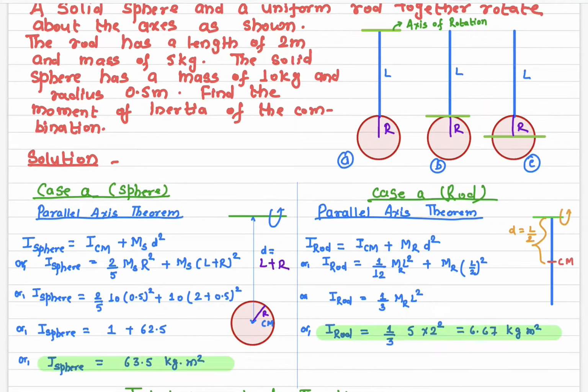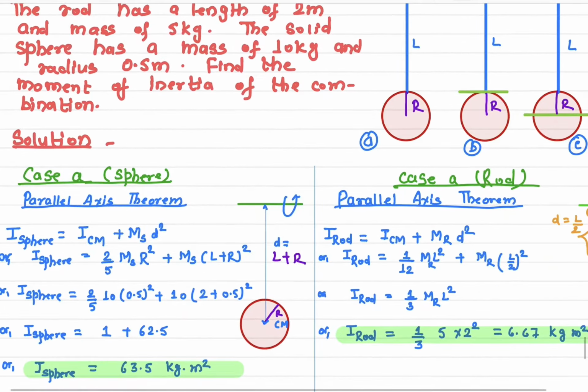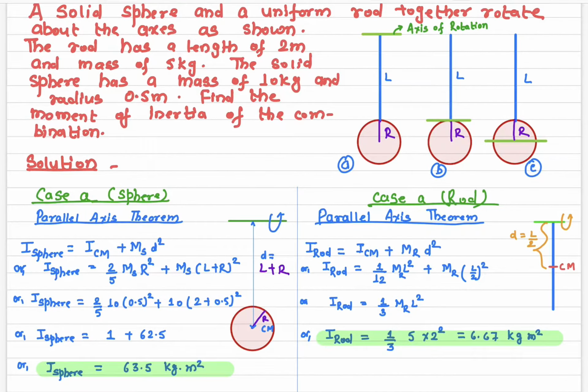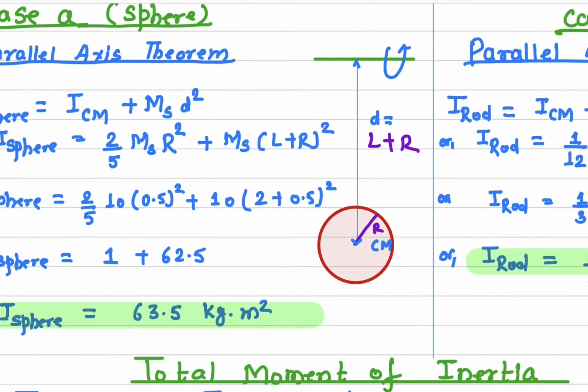So what does the parallel axis theorem tell you? The moment of inertia is equal to the moment of inertia passing through the center of mass plus the mass times the distance squared. Here you have a sphere. What is the center of mass of the sphere? Of course, it passes through this line here. First find the moment of inertia of this sphere through the center of mass.